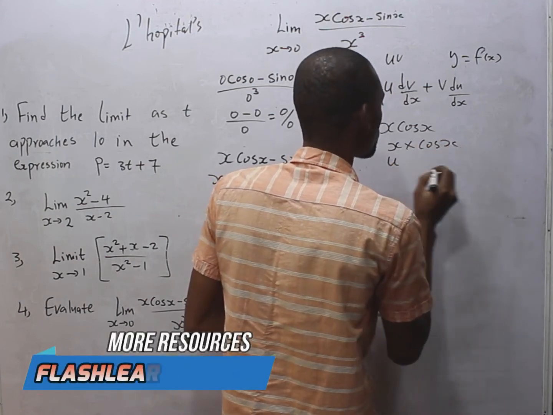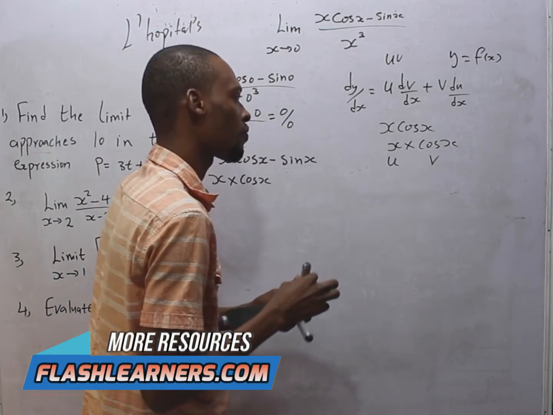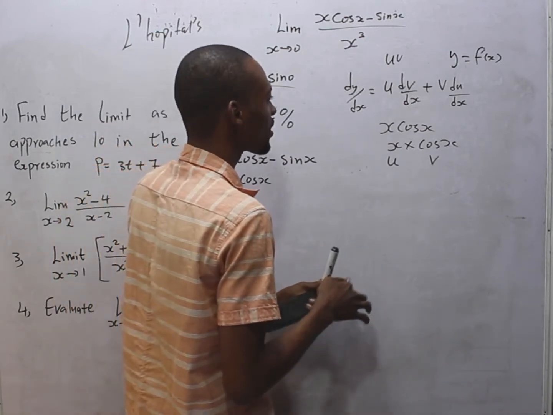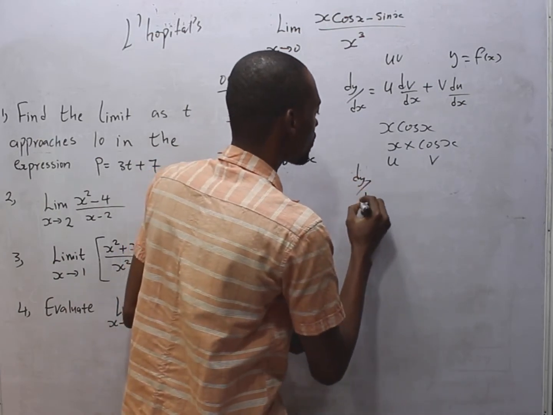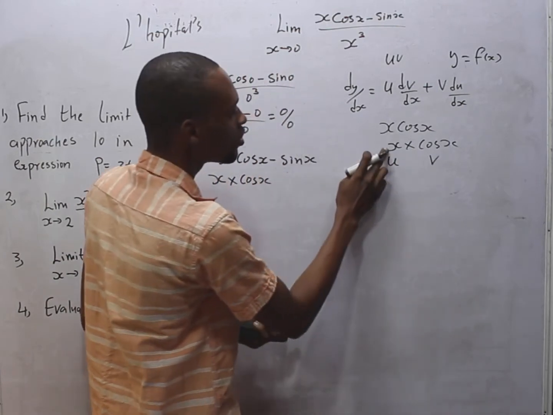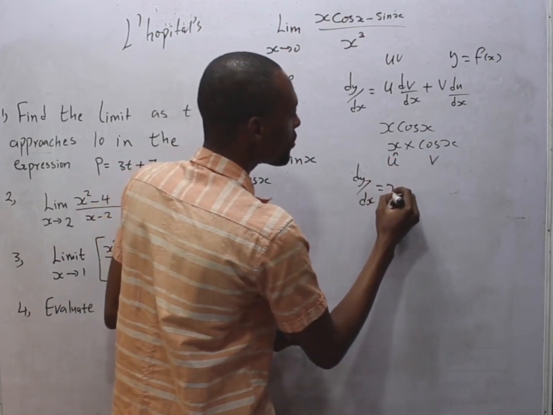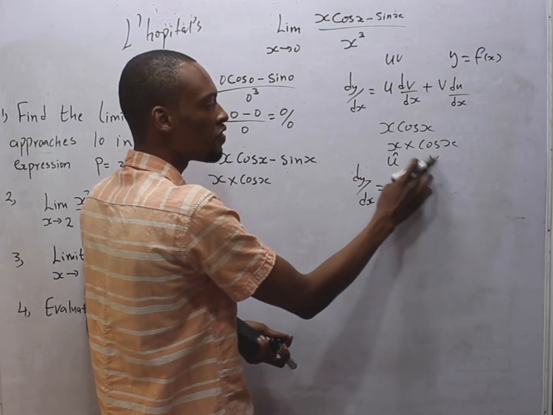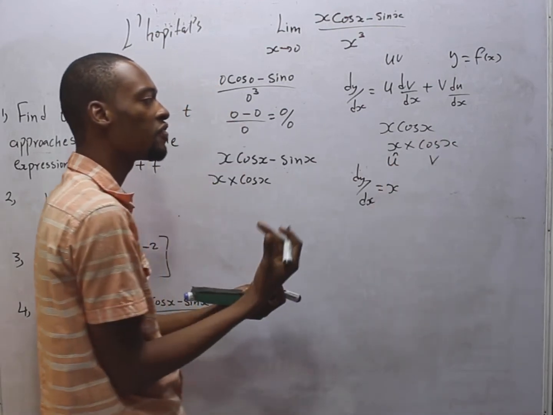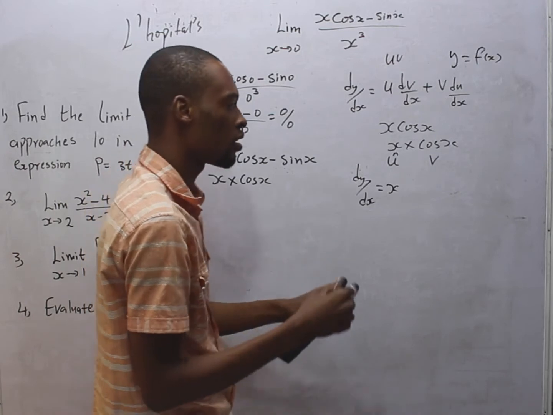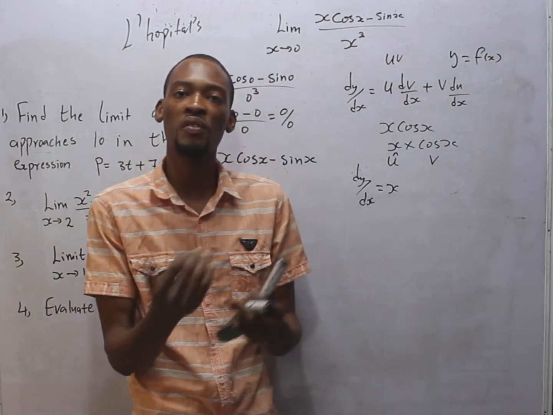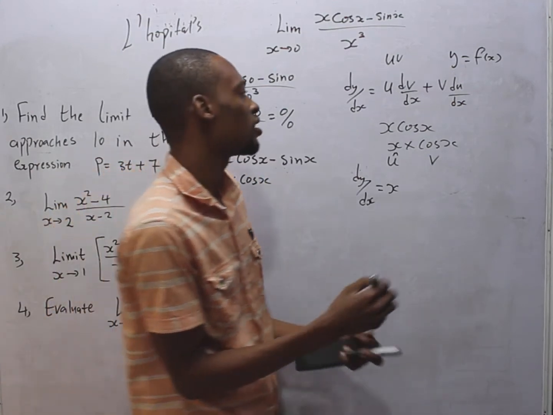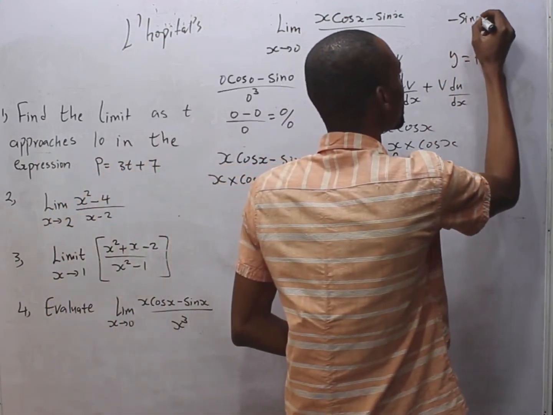In this case, we have s cos s, s times cos s. So let's call this u and let's call this v. If that is understood, dy over ds will simply be equal to u is s, so keep s. dv ds means differentiate v, and v is cos s. When you differentiate cos s, what do you get? This is differentiation of a trigonometric function. When you differentiate cos s, you get minus sin s.